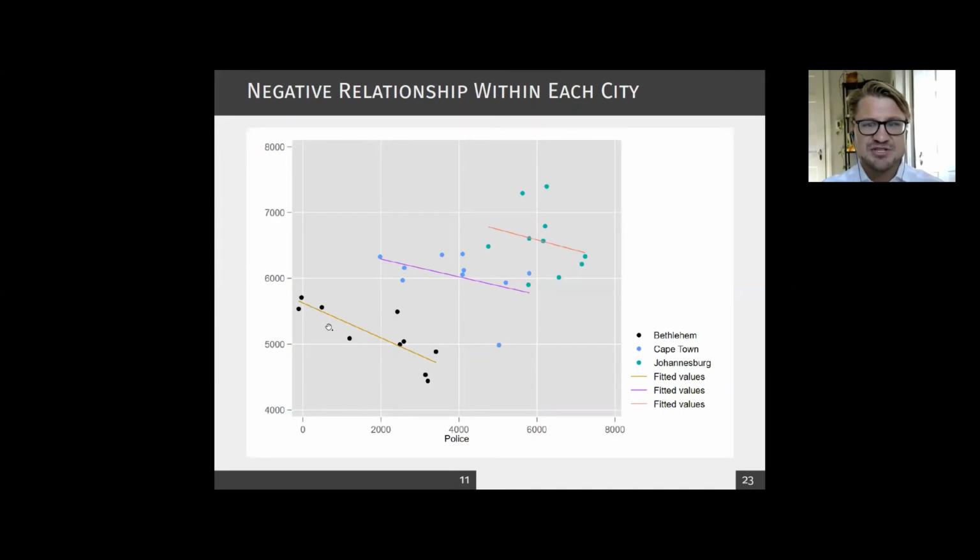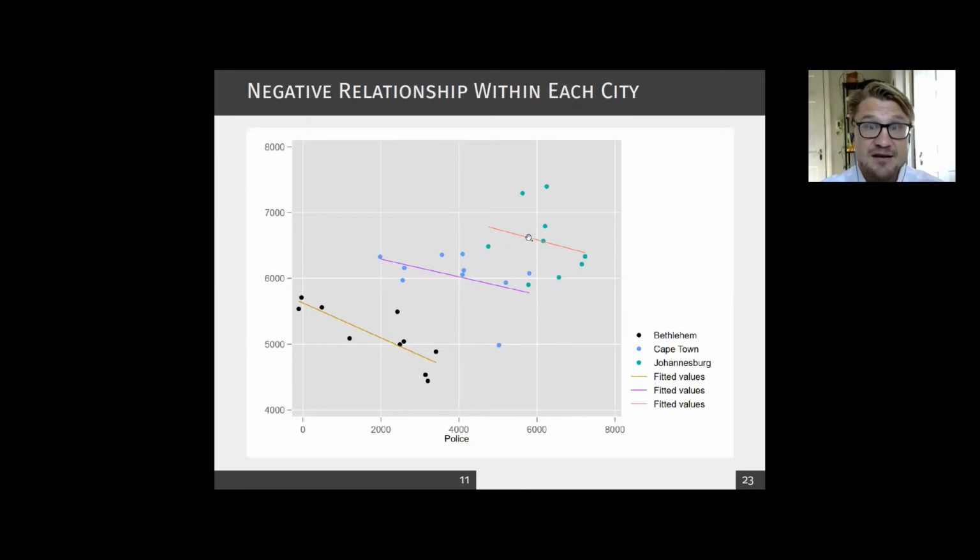And we have a situation where Johannesburg has both a high number of robberies and many police. Cape Town is intermediate and Bethlehem is low. But really what's driving this positive relationship we observed is the fact that some cities have both high levels of crime and number of police.